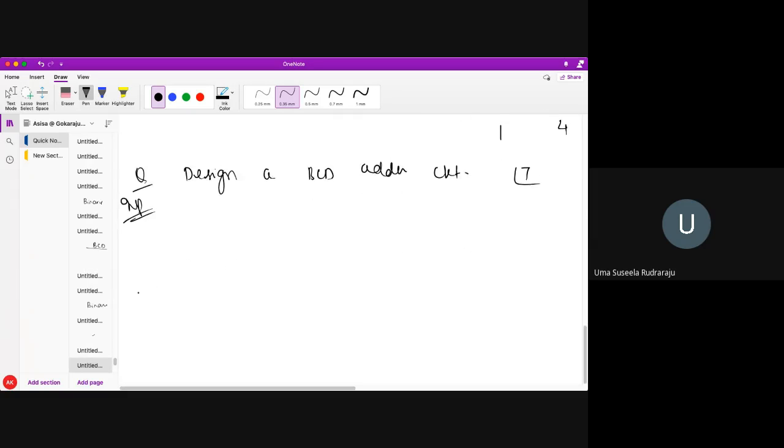Please see here what we can do. First of all, tell me, BCD adder is a combinational circuit which performs the procedure of BCD addition. So BCD adder circuit is nothing else. It's a combinational logic circuit which performs the procedure of BCD addition. Understand, students? Very simple.